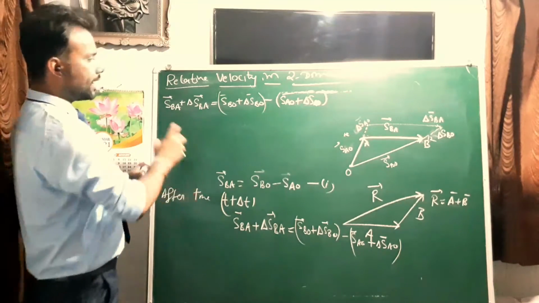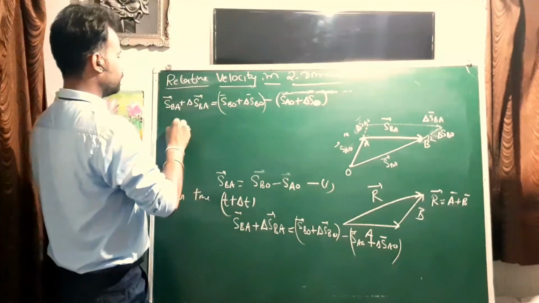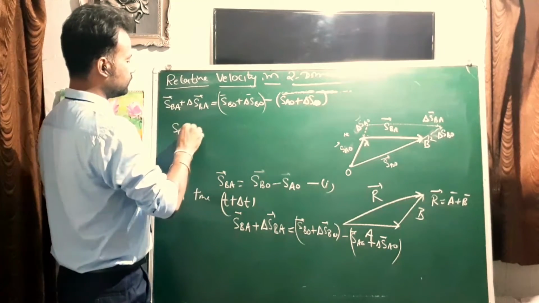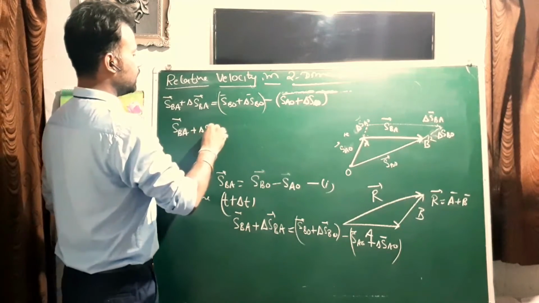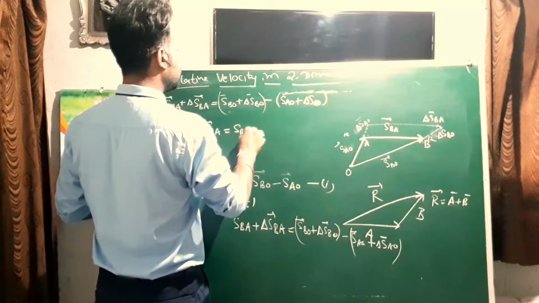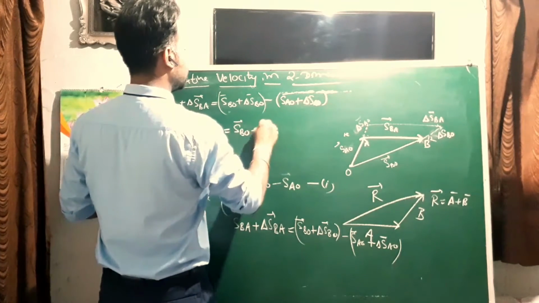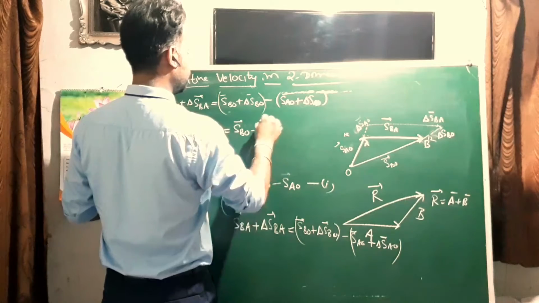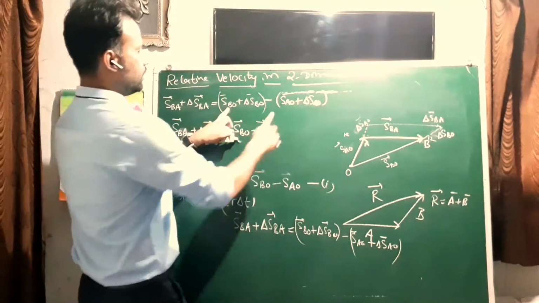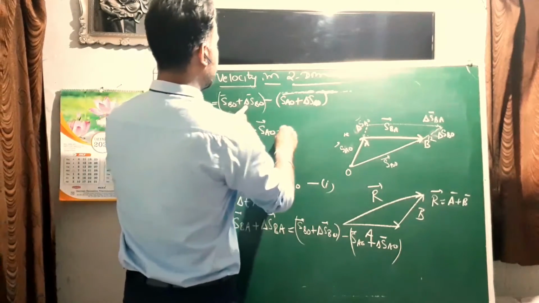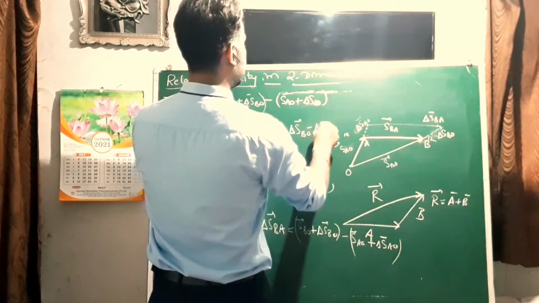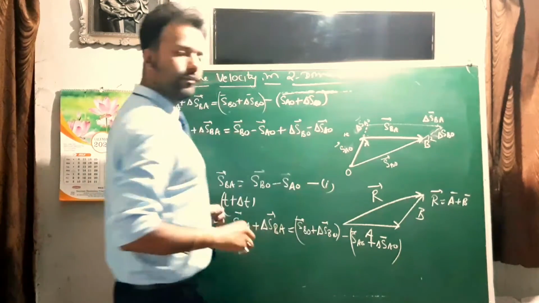So can we write this expression as SBA plus del SBA equals to SBO minus SAO, and we have taken this and minus this will be plus del SBO minus del SAO, right?